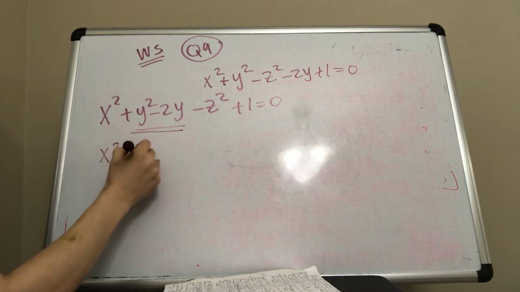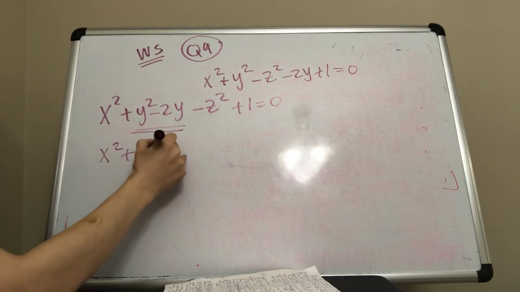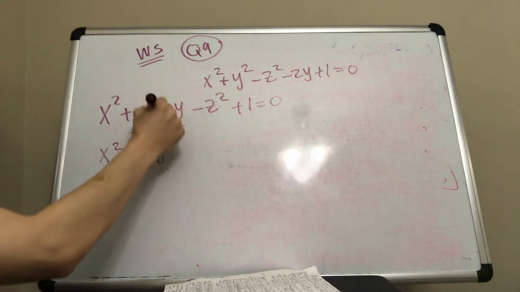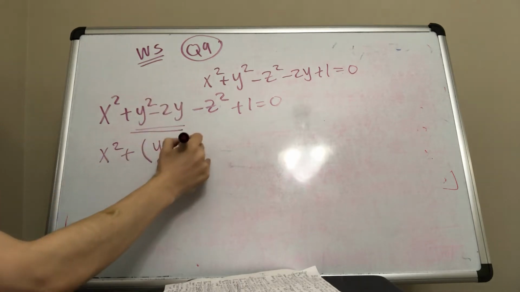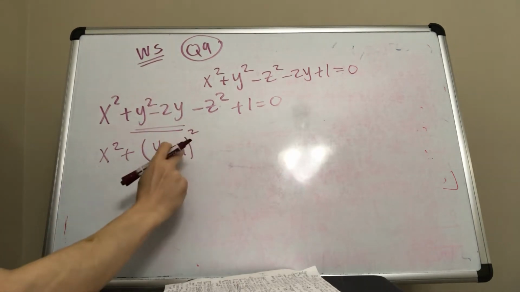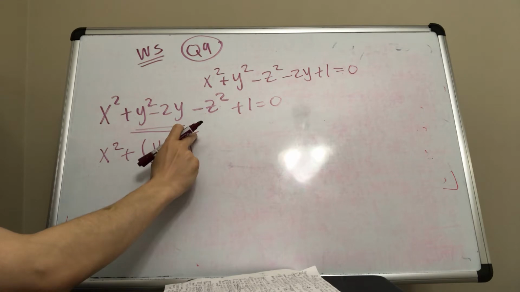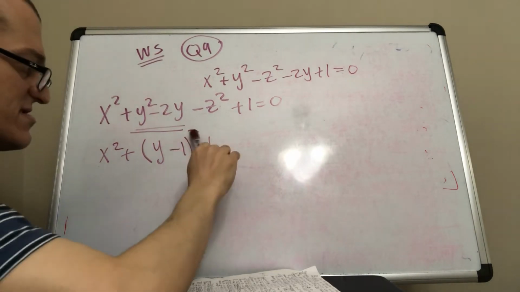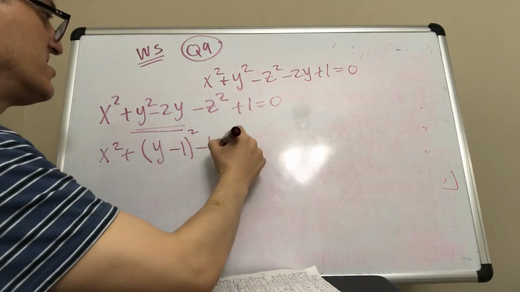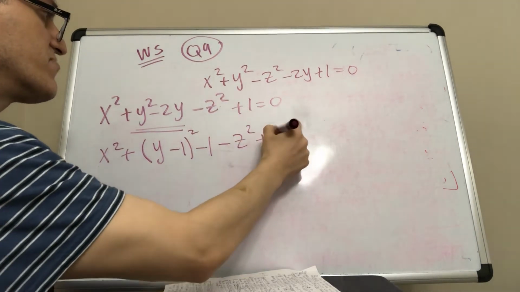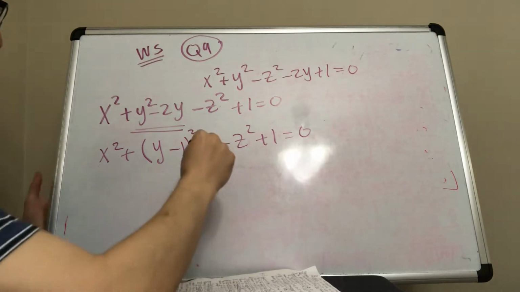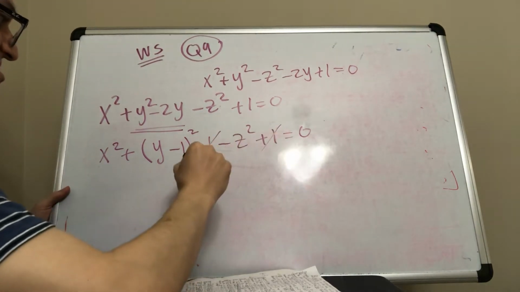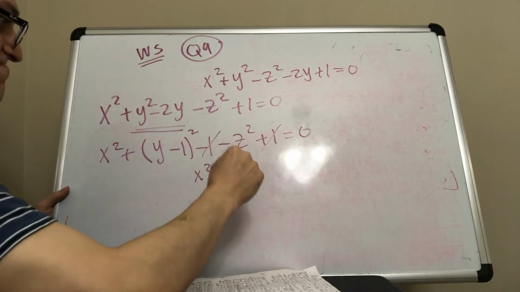So you go x squared, you open y, and half of this number, and then minus 1 squared is 1, so cancel it. So cancel the number you get from squaring, minus z squared plus 1, 0. Negative 1 and 1, they cancel each other, so now we have this.